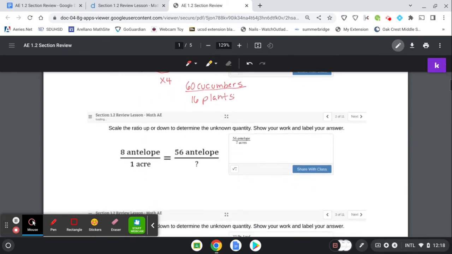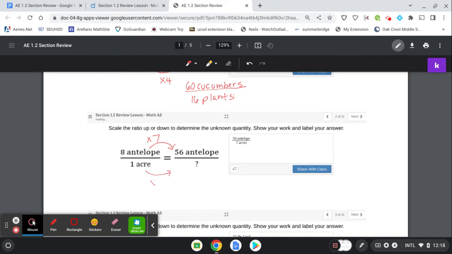Okay, in slide 2, scale the ratio up or down to determine the unknown quantity. So you have 8 antelopes to 1 acre, and then that is equivalent to 56 antelopes to how many acres? So you have to think, what do you multiply 8 by to get 56? Well, 8 times 7 is 56.